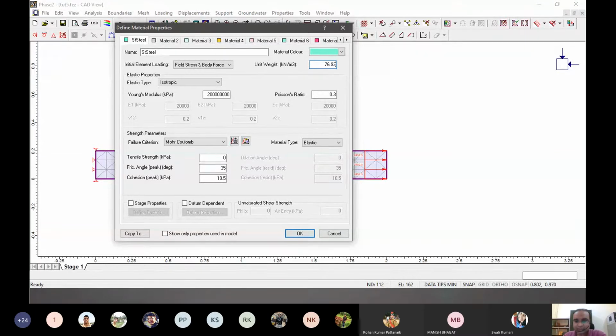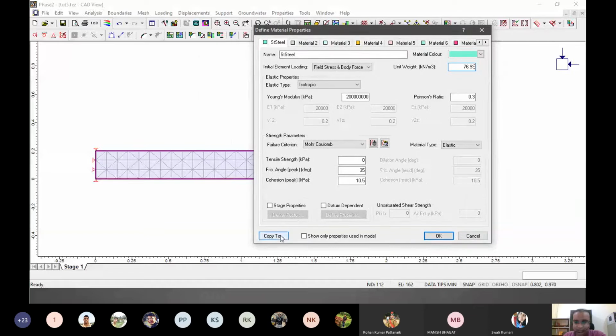Any doubts if you are seeing, कोई चीज समझ में नहीं आ रही हो, we can take those. Okay, and let's keep Mohr-Coulomb for now. We have tensile strength given to us as 460 megapascal. Should have changed the units initially. Angle of friction is 35 and it has 27. So let's use 27.